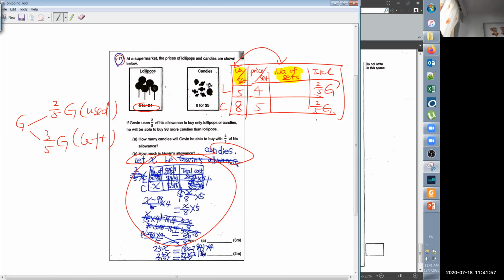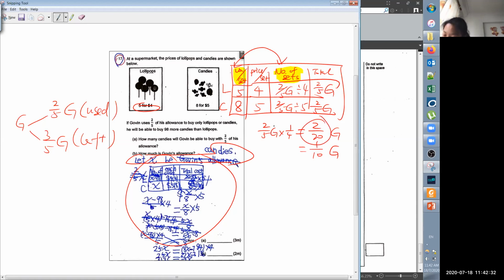The total for lollipop is 2/5 G, and the total for candy is also 2/5 G. Now the number of sets: for candy it is 2/5 G divided by 4, and for lollipop 2/5 G divided by 5. So 2/5 G divided by 4 is 2/20 G, which is 1/10 G. Do you know how I get this?